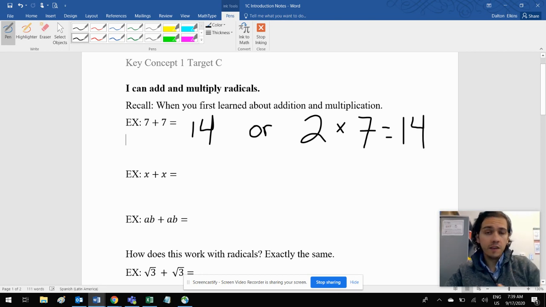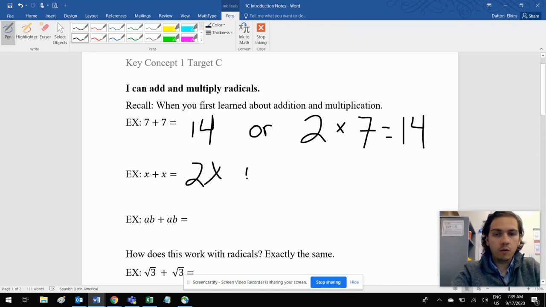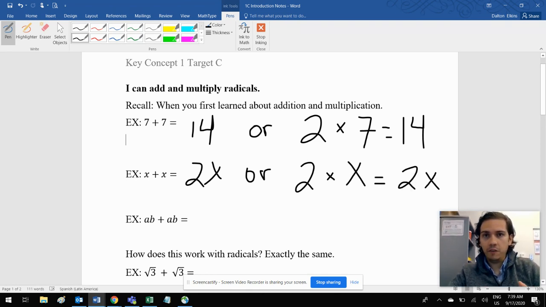And this concept is big, right? This jump is a huge jump. So for example here, if I have x plus x, that is equal to 2x. Or you could think of it as 2 times x, which is then equal to 2x. This is massive. This is huge.